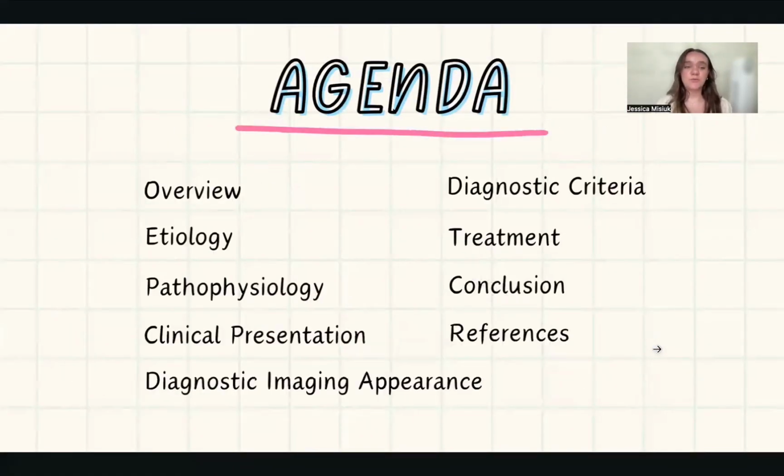So, I'm going to be going over a general overview of the abnormality itself, as well as the specific case study, the specific clinical presentation, and treatments within this case study.